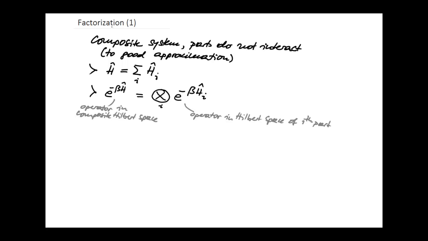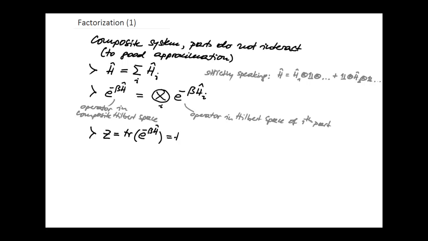This implies that the partition function of the total system, that's by definition the trace of e to the minus beta total Hamiltonian, is the trace of this tensor product. But you showed on one of your problem sets that the trace of a tensor product is the product of the traces.